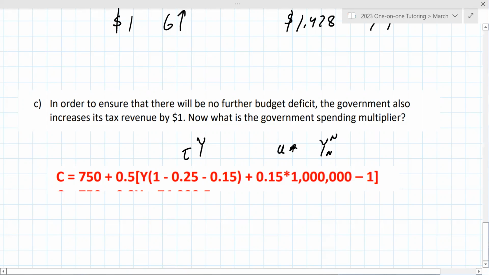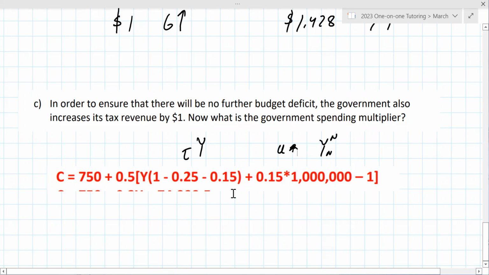To increase its revenue, wouldn't it be adding a 1? Maybe it's saying that to increase its revenue, they are paying out less in transfer payments. I don't know why that would be.